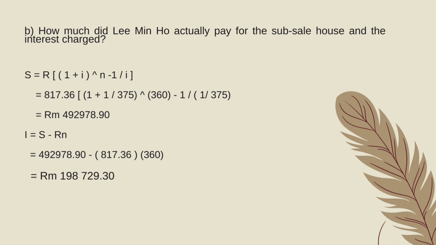To find the value of interest charge, we need to take the future value of annuity and deduct it by the regular payment multiplied by the number of payments. We will get the final answer, 198,729 ringgit 30 cents.